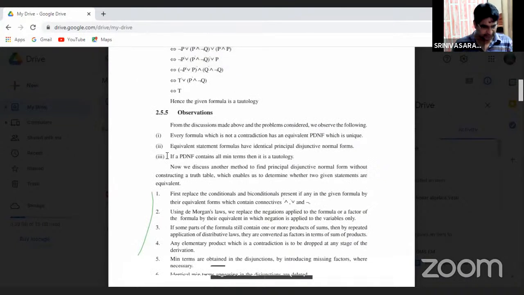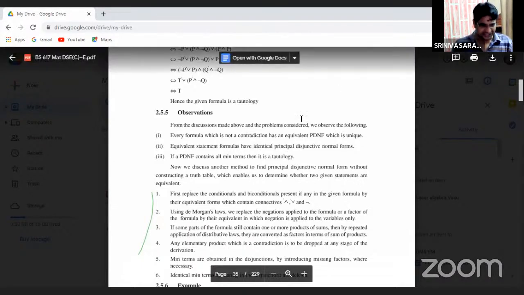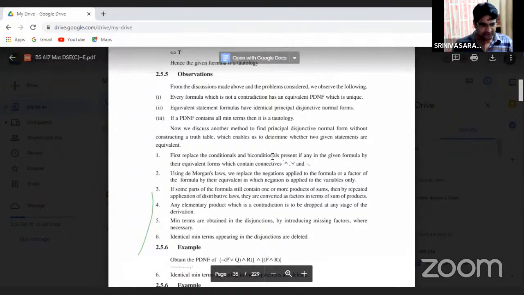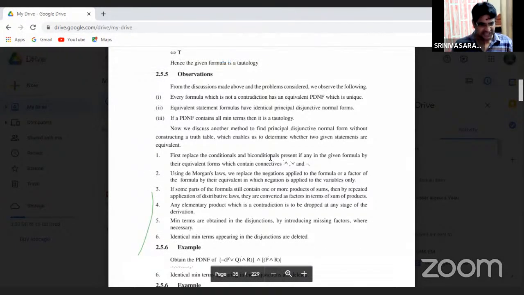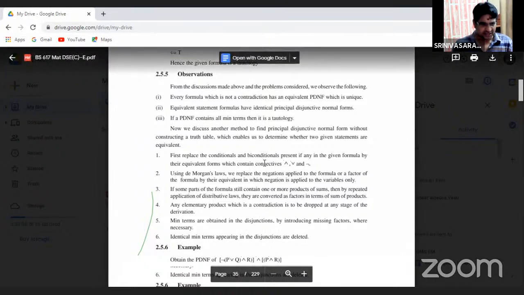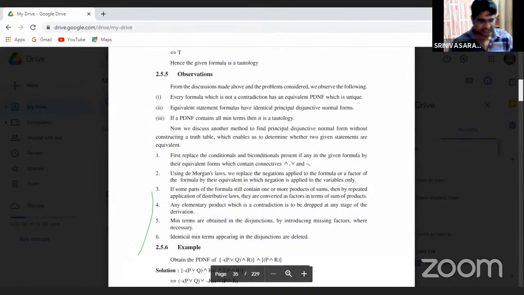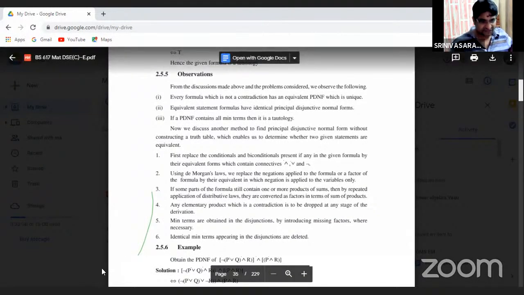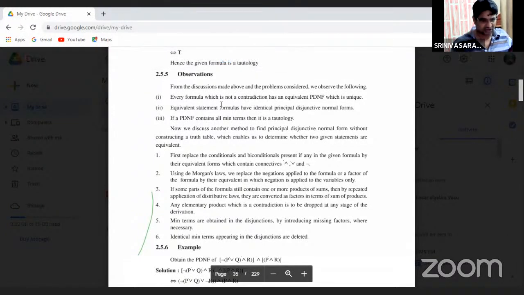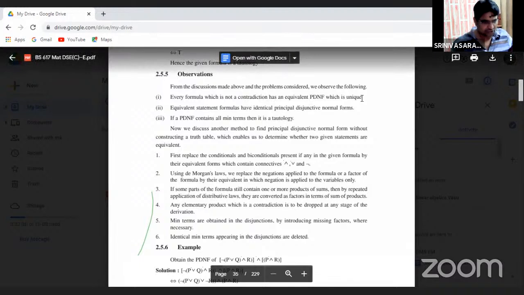The problem is considered, and observe the following conditions here. Every formula which is not a contradiction has an equivalent PDNF, which is unique. Conjunctive normal form is not unique, but here the PDNF is unique, which means every formula which is not a contradiction must have an equivalent PDNF.